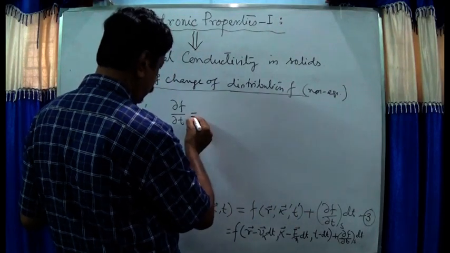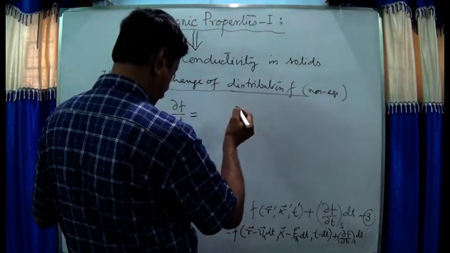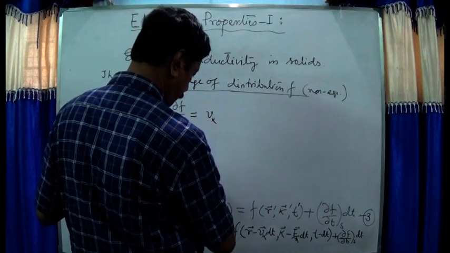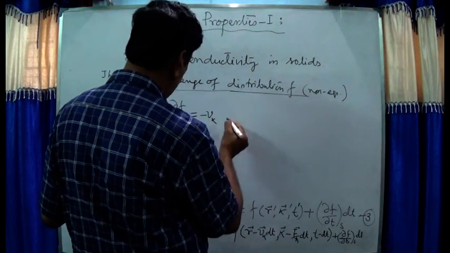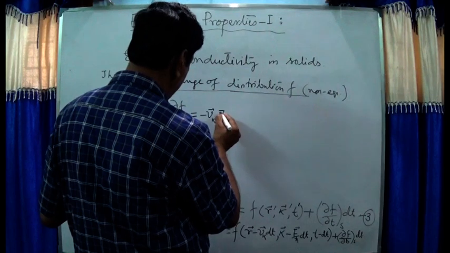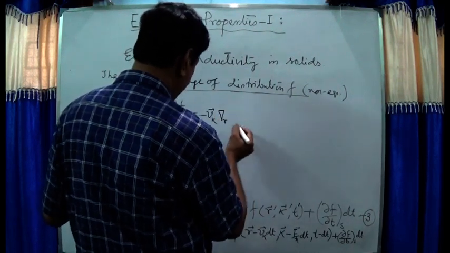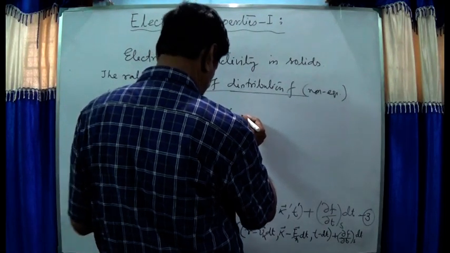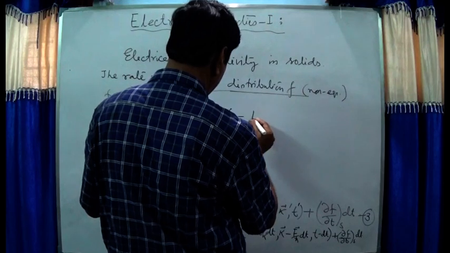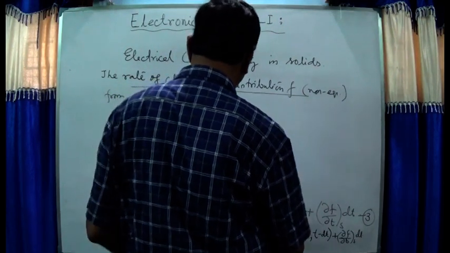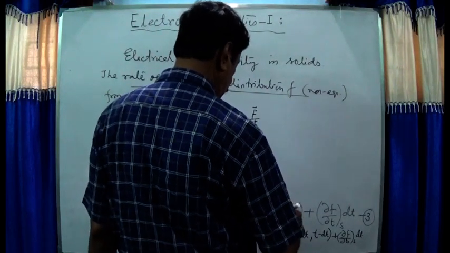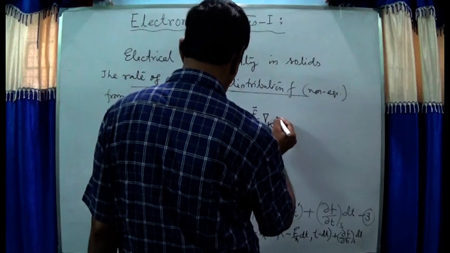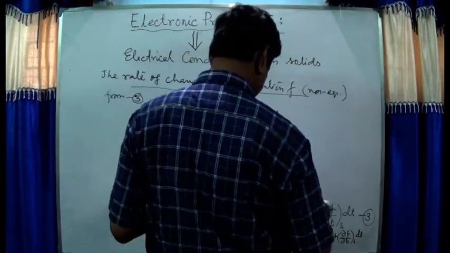equal to minus Vk into del R of F, minus F by H cut into del K of F, right?